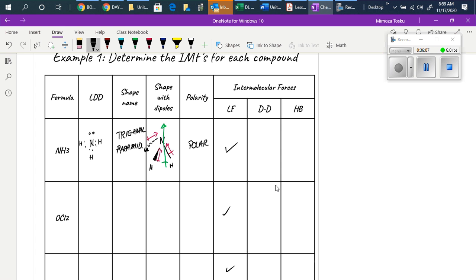However, since we have a dipole moment between N and H, we will have a dipole-dipole force. Since we have a direct hydrogen and nitrogen bond, we will have the hydrogen bond as well. Let's take a look at the other one. So we'll have OCl2.